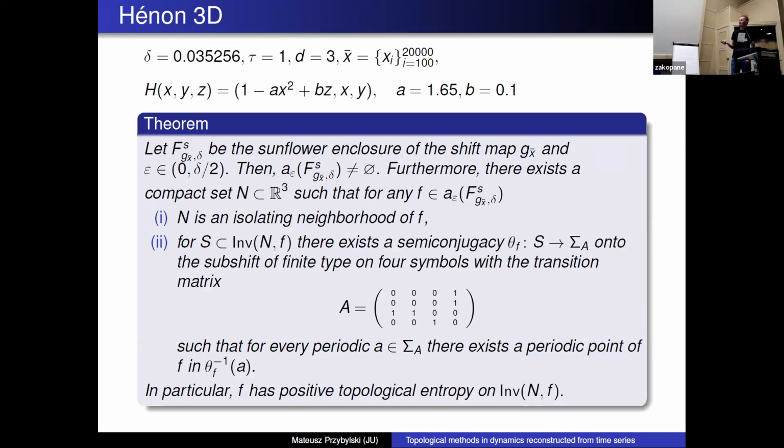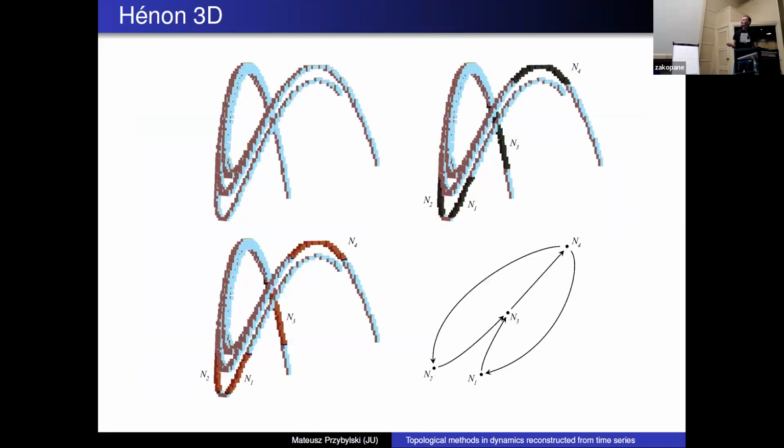But of course, the transition matrix is slightly different because we get a slightly different isolated neighborhood for this multi-valued map. And here are the attractor for the three-dimensional Hénon map, the isolated neighborhood, and the transition between components of the isolated neighborhood.